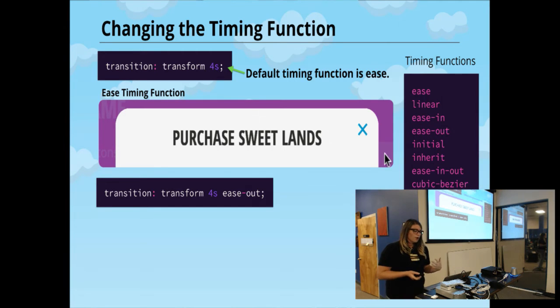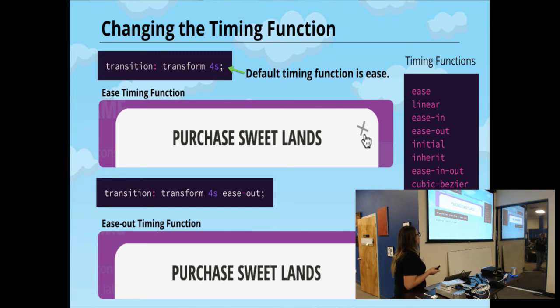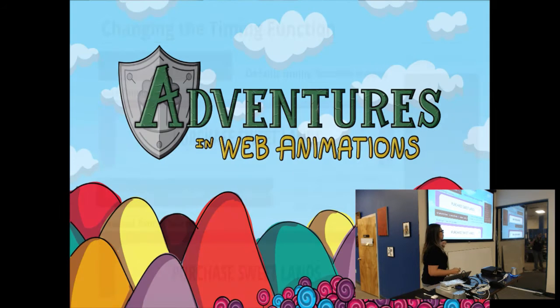But if we wanted to slap on a fancy new timing function, like ease out. So it's hard to tell with the rendering, but it does go slower. It goes faster and then slower, because it's easing out. I mean, thank God for semantic naming. So it's a super subtle change, as with all things in animation, but you have the capability to change the timing function.